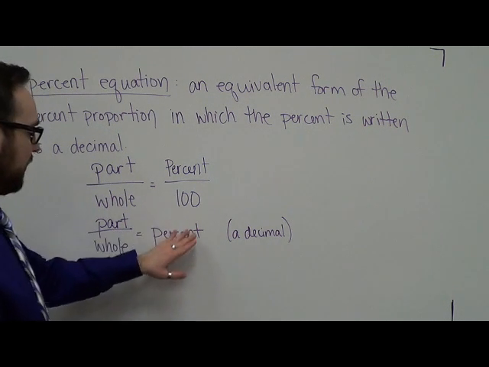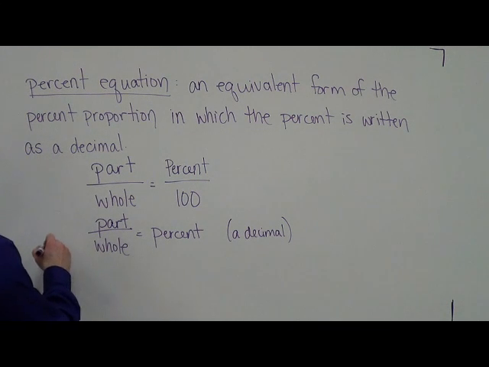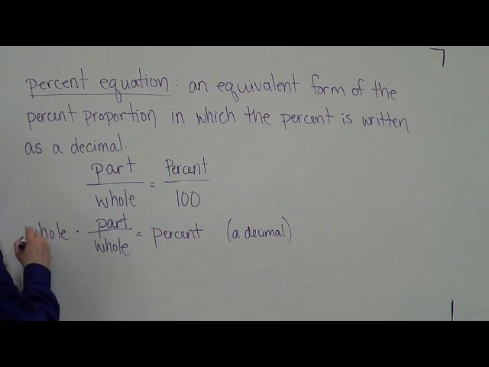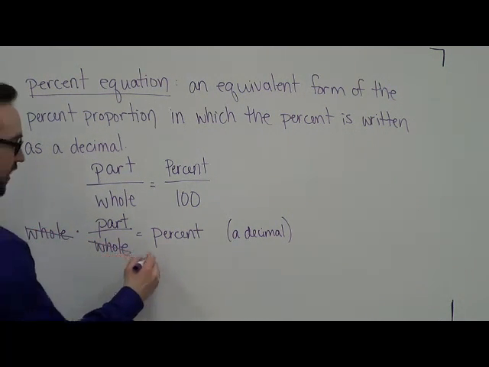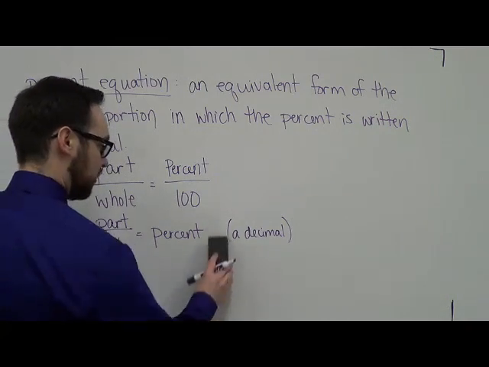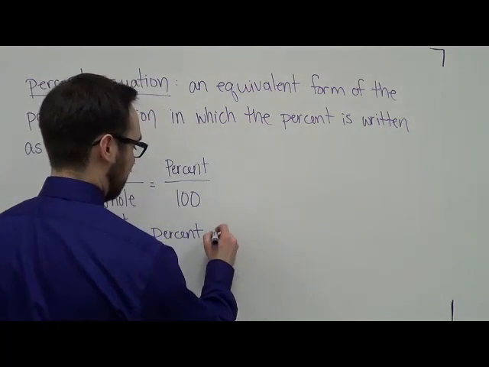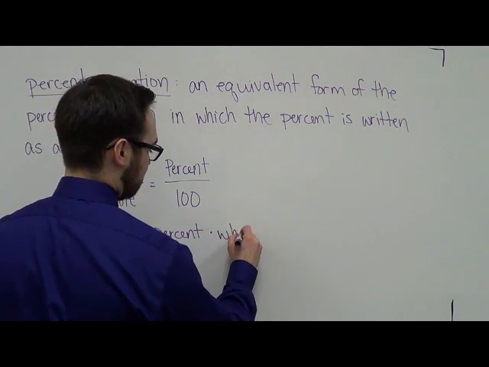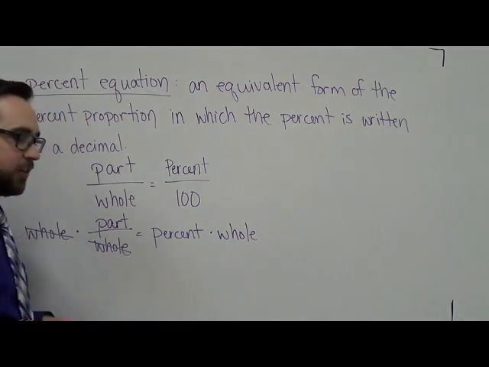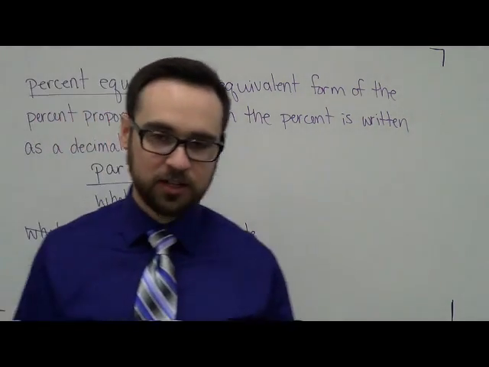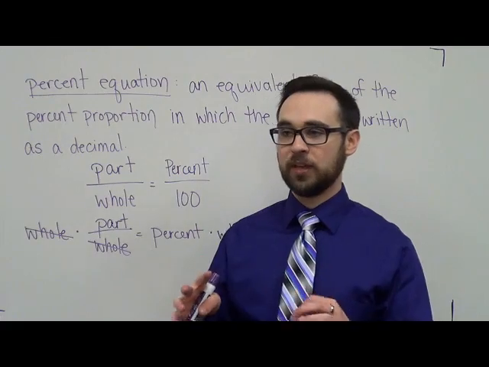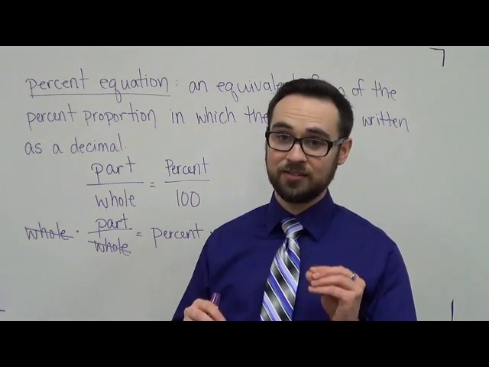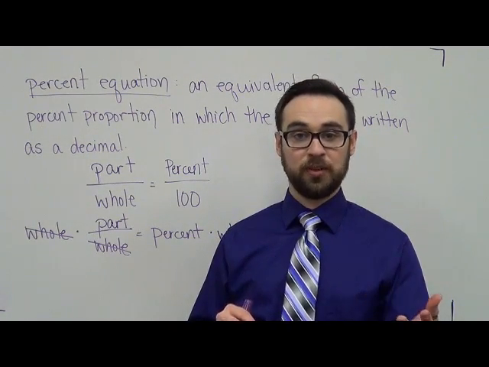Well, I want to rewrite this as more of an equation. So what I'm going to do is multiply both sides by the whole. That's going to cancel out the whole on this side, but then over here I'm going to multiply it by the whole. If you remember a while back when we talked about some different multiplication things, I told you that the word of typically indicates multiplication.